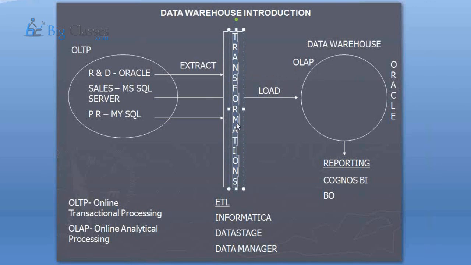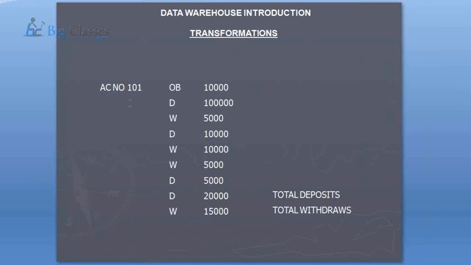I'll give you a basic idea of what a transformation is. Say, for example, in a bank account, account number 101, December 1st. In this account, the opening balance is this much, and on the same day, December 1st, multiple transactions are there in this bank account. Assume like this.